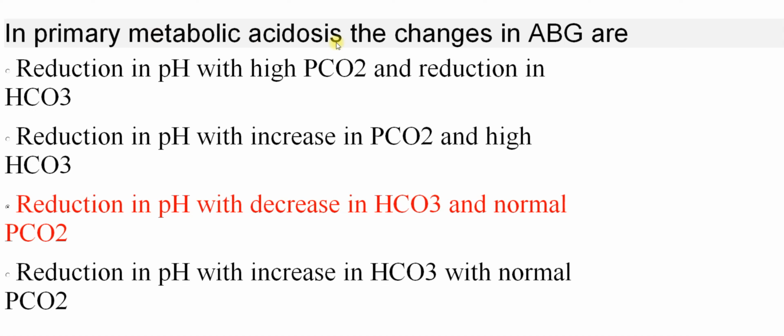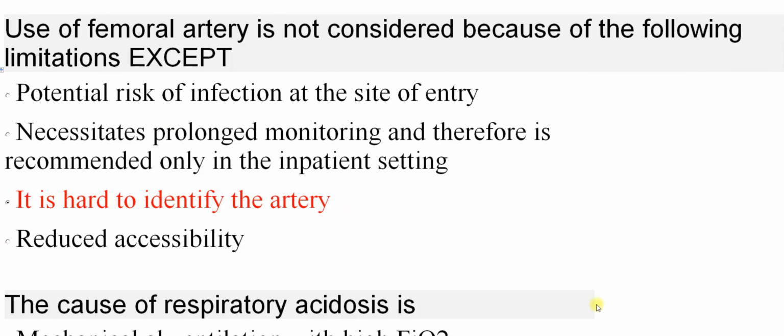In primary metabolic acidosis, the changes in ABG are, answer is reduction in pH with decrease in HCO3 and normal PCO2. Use of femoral artery is not considered because of the following limitation except, answer is it is hard to identify the artery.